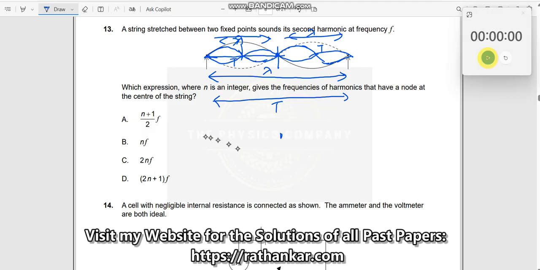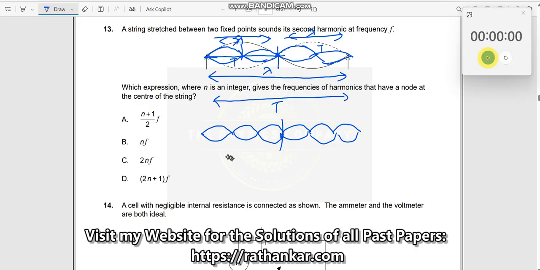If I consider from this point 3 half loops, now what will happen? 1 here, 2 here, 3 here. Similarly, 1 here, 2 here, 3 here. The middle point is still not changed, so you have something like this.